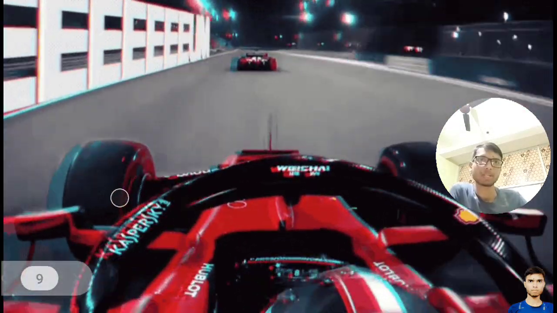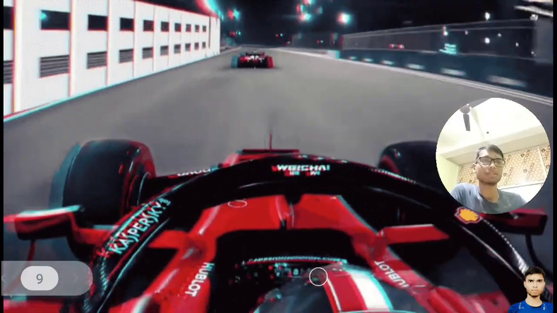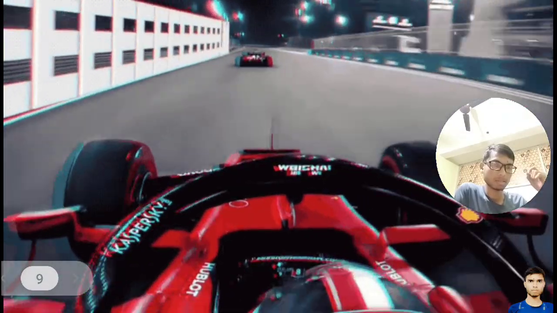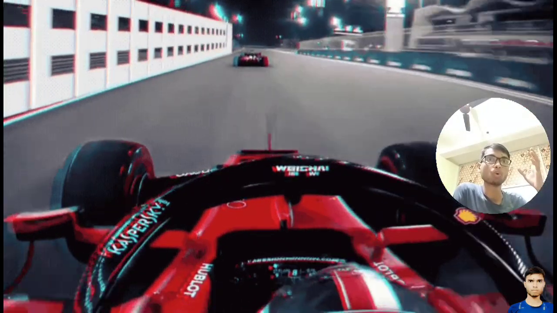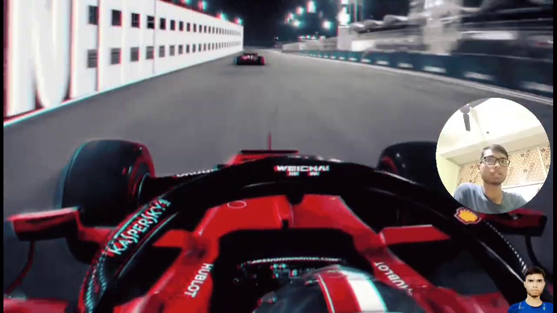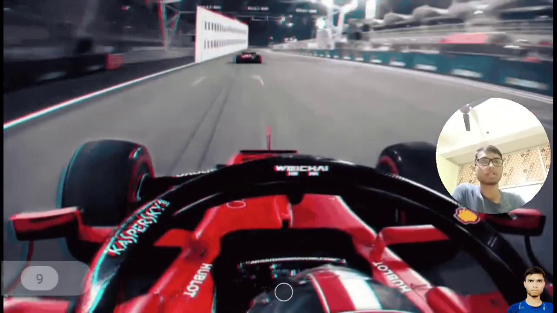Here, as you can see, initially the speed of this vehicle is more, but as it moves, then its speed increases, isn't it?